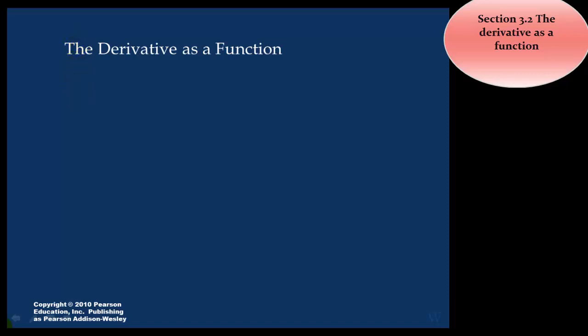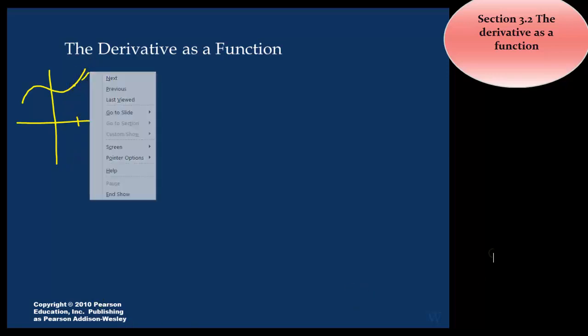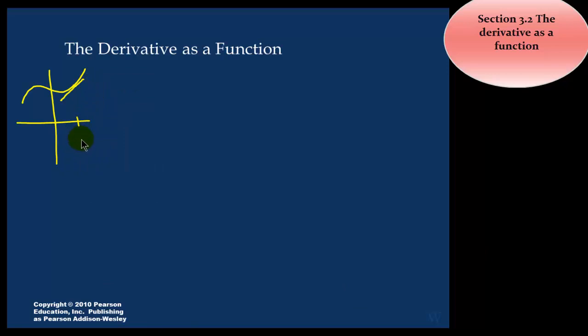Previously, we have learned that if we take a function and find the slope of the line tangent to that curve, so you have this line tangent to the curve at, say, some generic x value, then we'll say that the slope of the line is the derivative at that particular x.